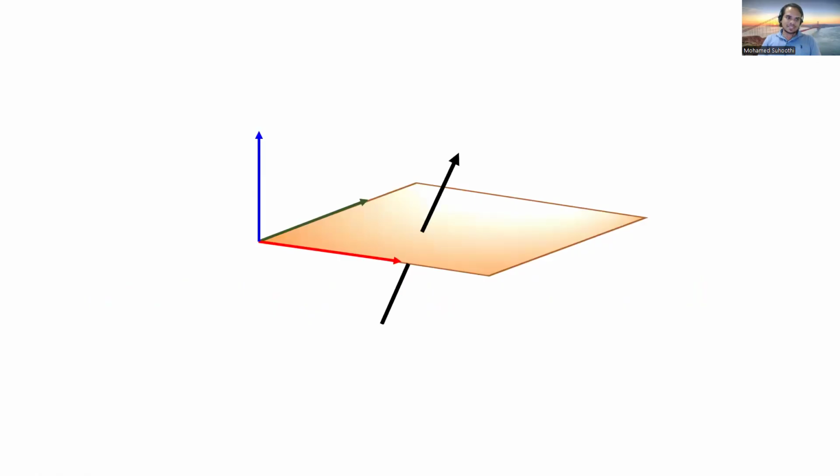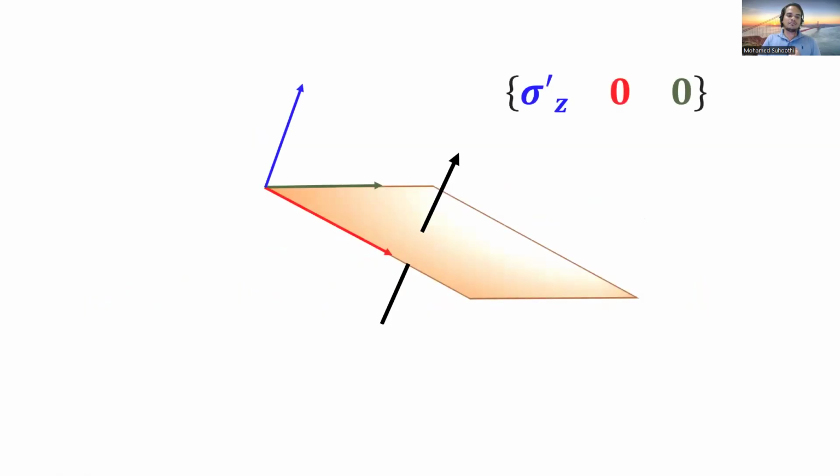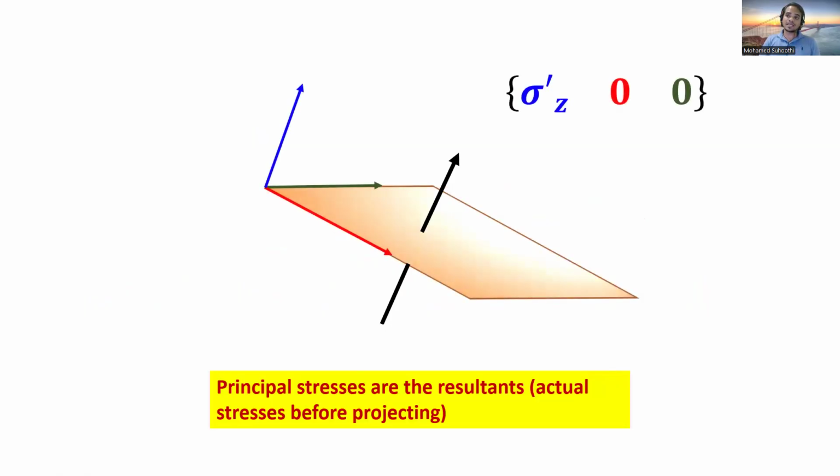Let's take our previous example, right? We have three coordinate axes, then we have the force. Previously, what I did was decompose this force parallel to each axis and convert it into stress. So now what I can do, rather than decompose the force, is rotate my plane perpendicular to my given force, right?